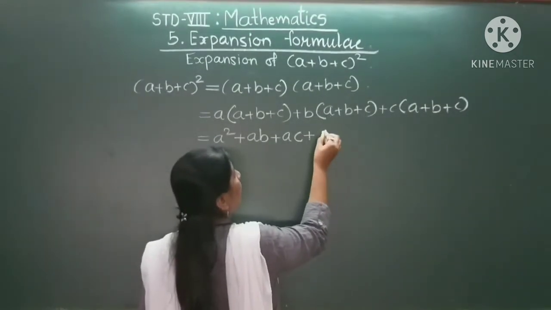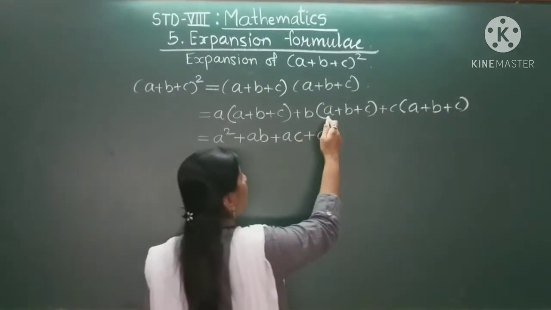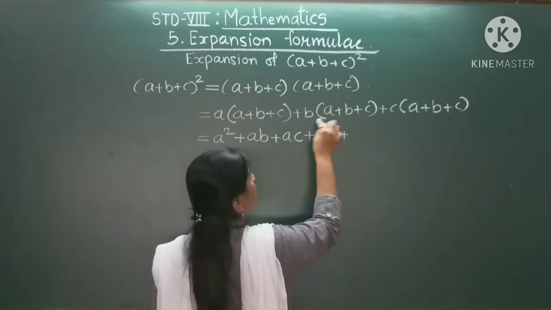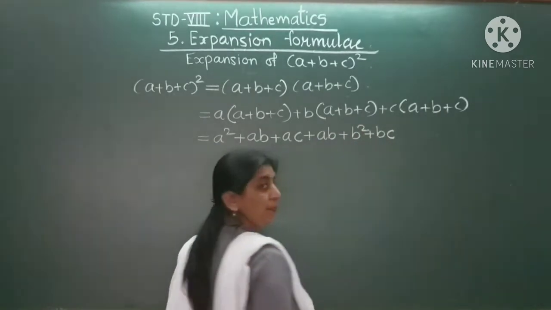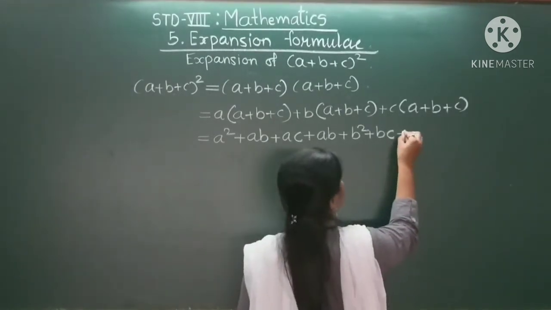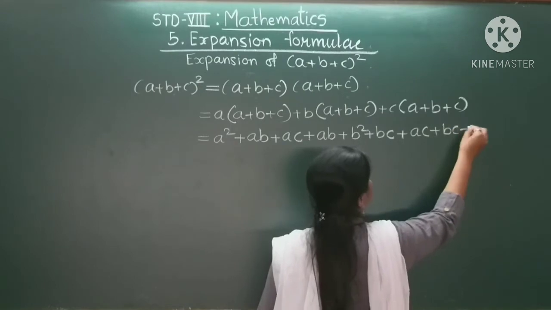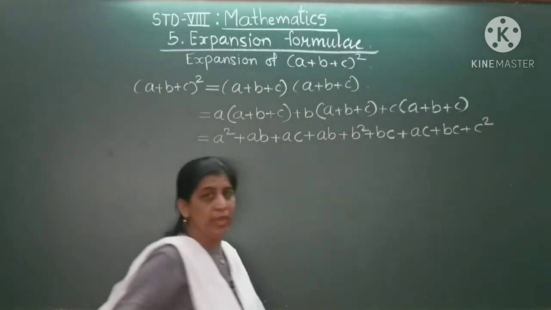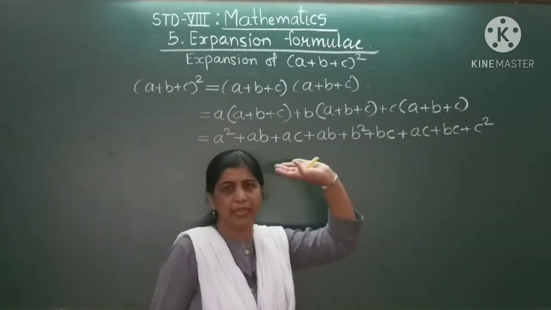Here ab, as we have to write it sequentially, so instead of ba I have written ab, plus b square plus bc. In the same way the third bracket: ca, that is ac, plus bc plus c square. So we have expanded the brackets.